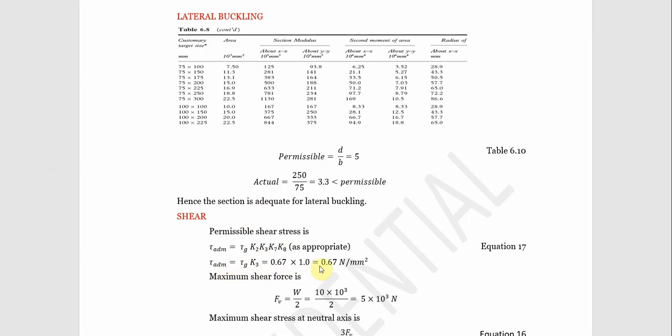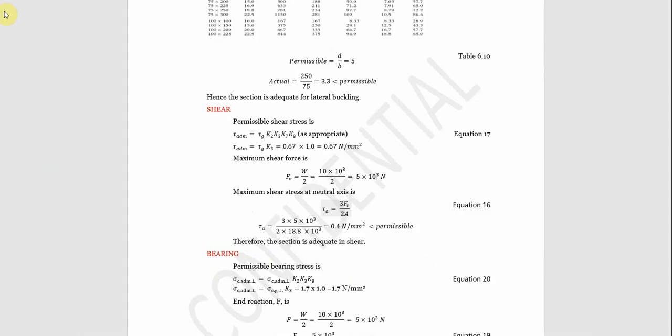So if we do the calculation, 0.67 times 1.0, we have 0.67 Newton per mm square. As we can see, the permissible shear stress is 0.67 times 1, because that one is what we select for this particular K3 factor the other time.